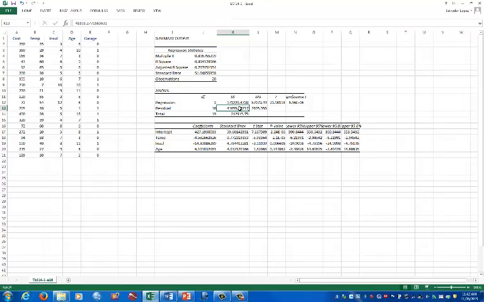This one is equal to SSR divided by 3, and this MSE is obtained by dividing SSE over 16, the degrees of freedom. Well, the total degrees of freedom are always equal to n minus 1. So we have 20 observations minus 1, 19.